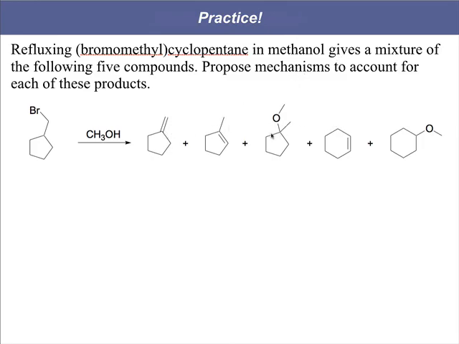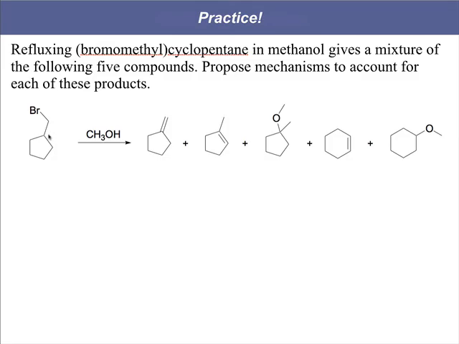Now, if you're observant, 3 of these have double bonds in them. So the 3 products with double bonds must be coming from an elimination mechanism of some sort. And the ones that have an OCH3 on them, this product and this product, have substituted the bromine. So those must involve substitutions.